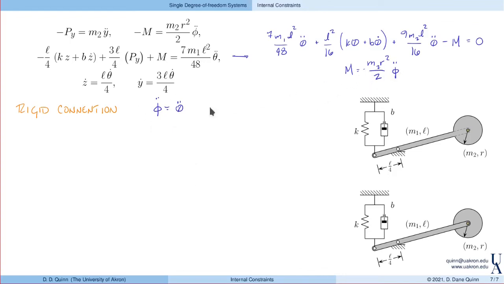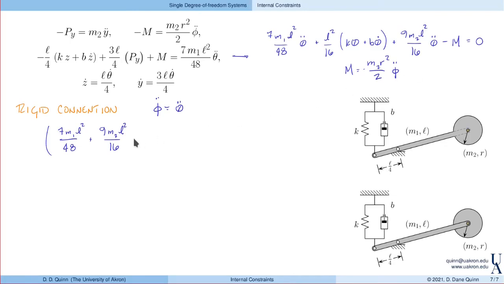Okay, great. I can just take this, use it in this equation for M. So this becomes minus m2r squared over 2 times theta double dot into this equation, and we get the following. Notice we have a lot of theta double dots here. I've got 7m1L squared over 48. I've got another one, 9m2L squared over 16.